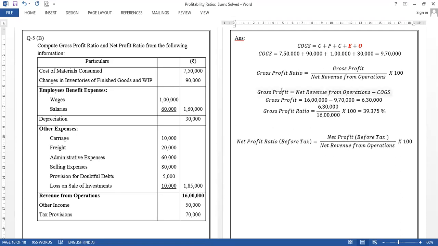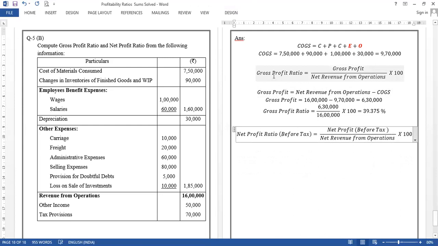Now when we are asked to calculate net profit ratio, we have discussed in the formula earlier that we need to calculate net profit ratio based on before tax and after tax. Now when you talk about the net profit ratio before tax, the formula is net profit before tax upon net revenue from operations into 100. Now we are aware of net revenue from operations, but we don't have net profit before tax. So let us calculate this.